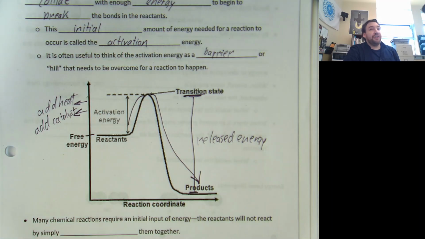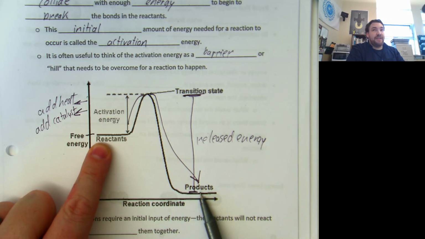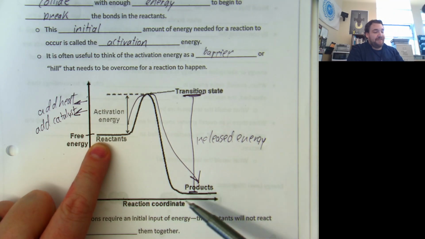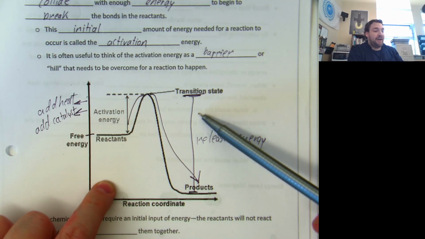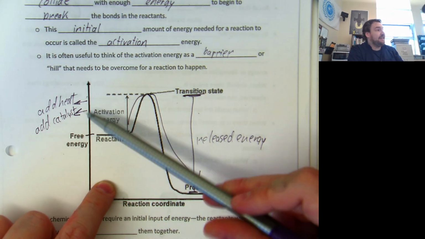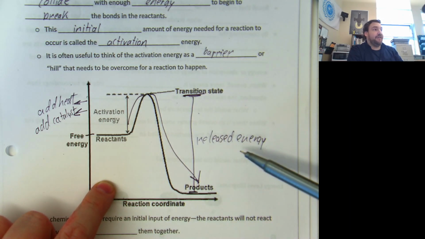And so there's two scenarios that you could have. You could have one where the reactants have a higher energy than the products and a ton of energy is released, or you could have it the other way, where the reactants are a lot lower, the products are a lot higher, and so the energy that goes in, the activation energy, is a lot higher than the energy that comes out at the other end.